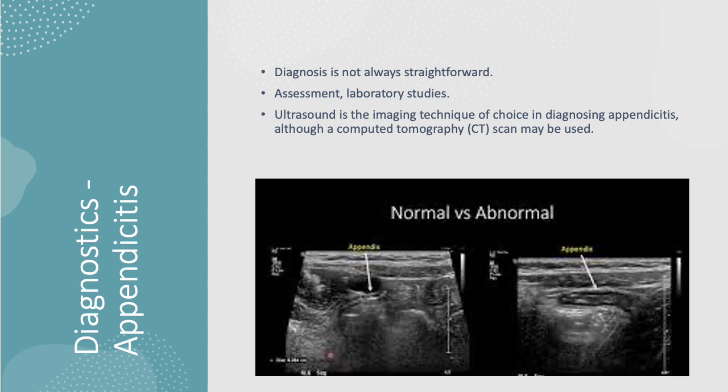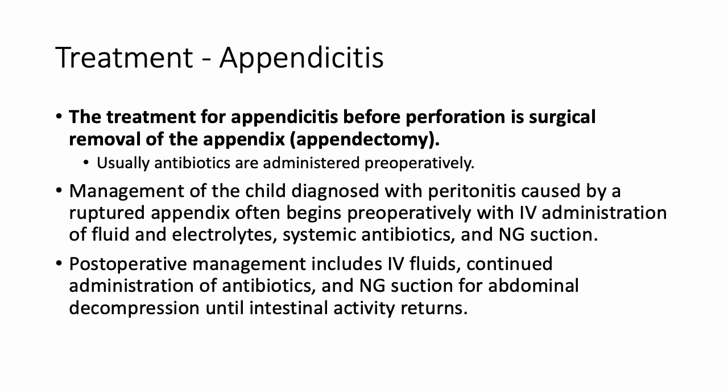Many times we'll try to diagnose appendicitis with an ultrasound. However, if we're not sure and we have a high index of suspicion, we may also do a CAT scan. We'll check other labs as well, such as your CBC, for an increased white count. The treatment for classic appendicitis without perforation is just an appendectomy.